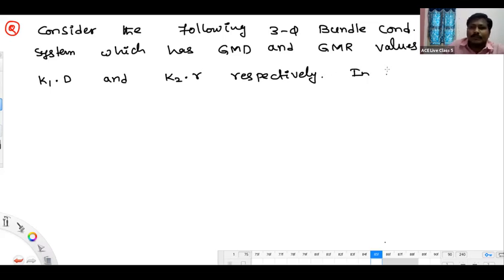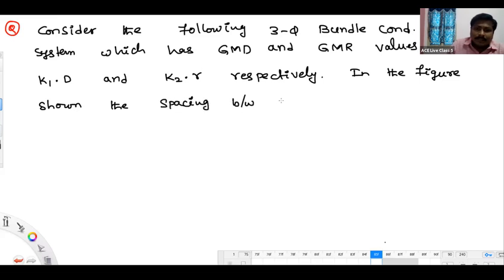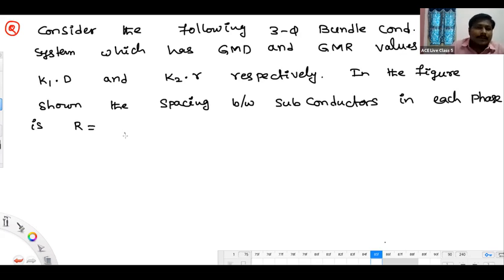In the figure shown, the spacing between subconductors in each phase, capital R, equals 15 smaller s.